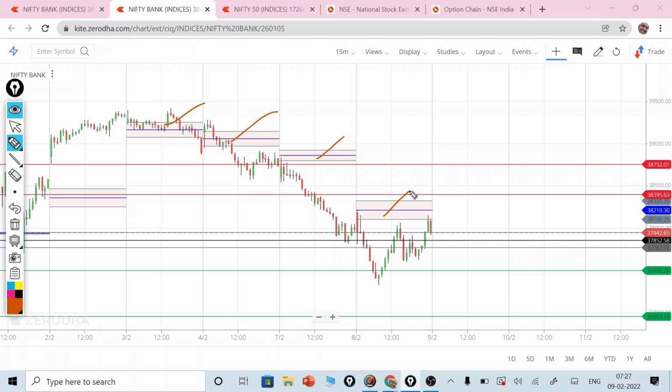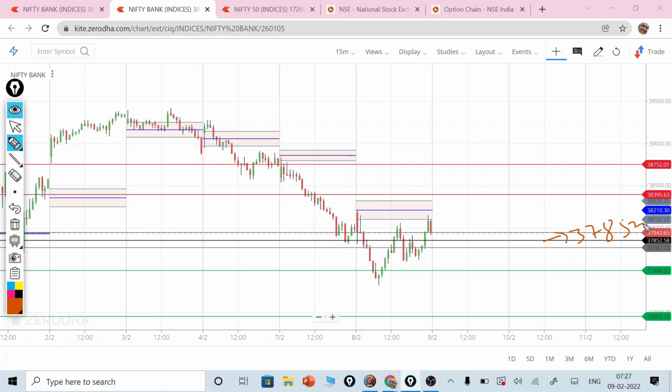Now, what is today's trading strategy? You can see the pivot is at 37,852 and the top central pivot is 37,942.